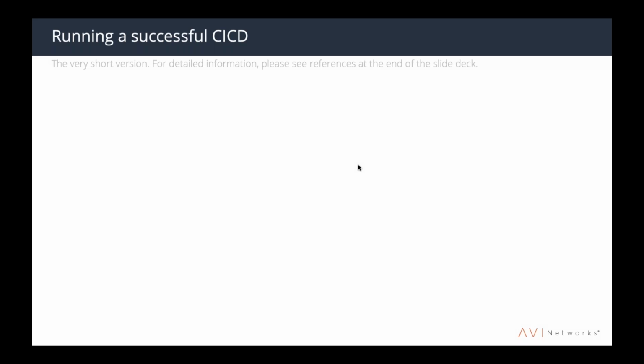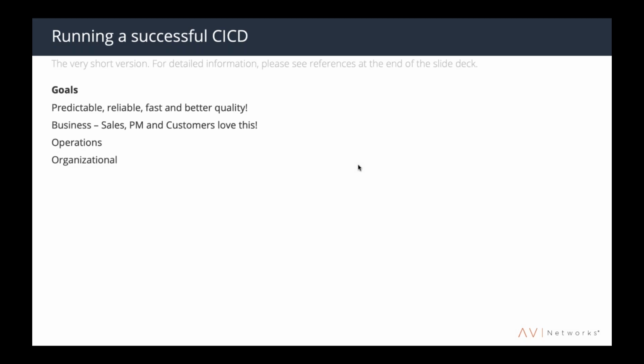So without further ado, let's look at how to run a successful CI/CD. Again, this is a very short version just to get on the same page in terms of what we're going to expect from a successful pipeline. First of all, let's talk about the goals. The goal of running a CI/CD pipeline is that it's predictable, it's reliable, it's fast, and in the end provides better quality of the software you're shipping.